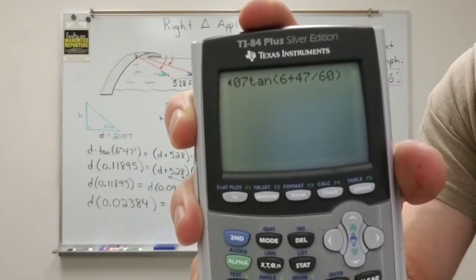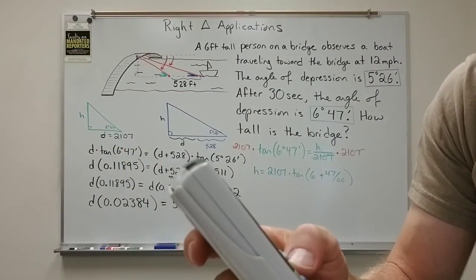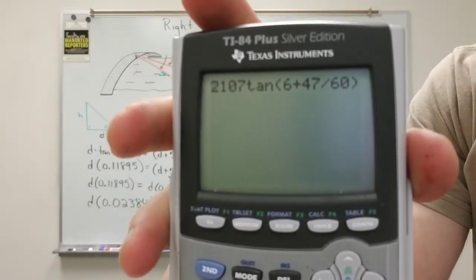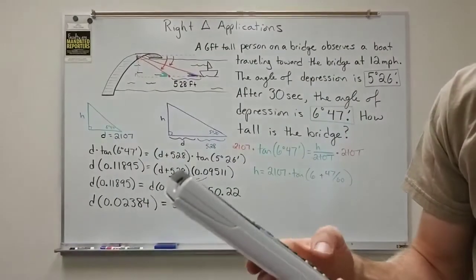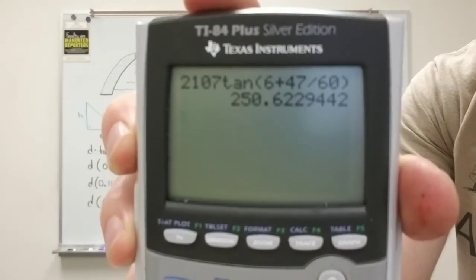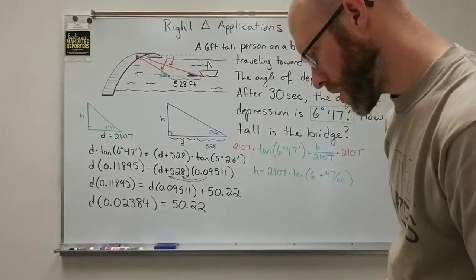Right? Yep. So 2107, I'll scroll it back to the beginning. 2107 tangent of 6 plus 47 over 60. When I hit enter, I get 250.6 roughly feet.